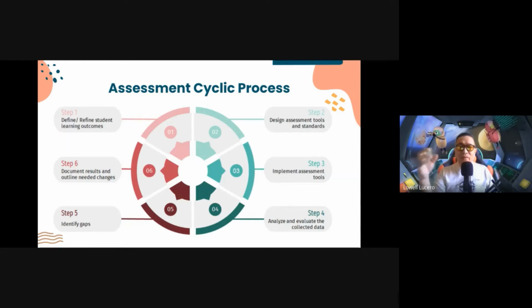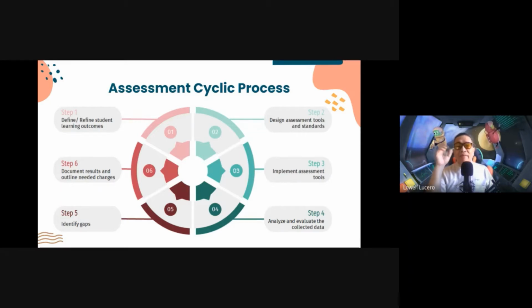It will tell me the strength level and the weaknesses level of my incoming pupils. If I see that the mastery level in grade 4 is only 50%, that's why I need to bridge the gap. It is important to bridge the gap so that when the students start learning the skills or competencies in that grade level, they will no longer struggle. I hope you got my point.